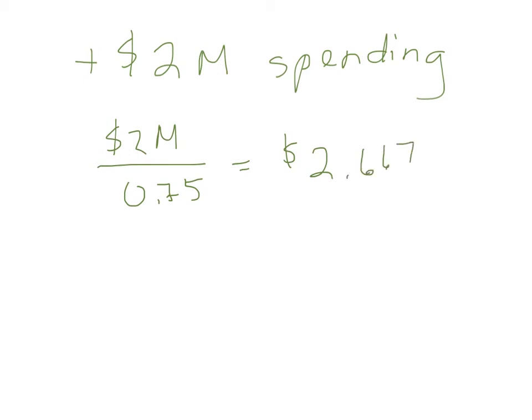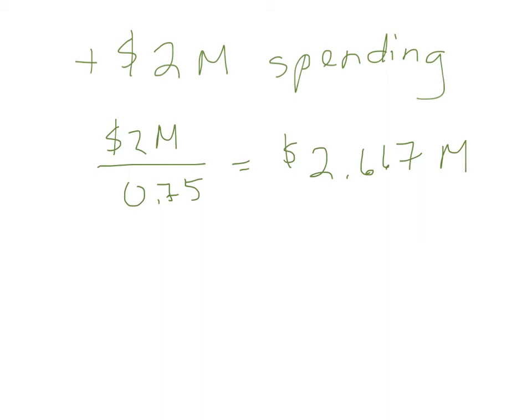A reduction in taxes is like an increase in income, and it will not all be spent. Therefore, we need to divide this $2 million target spending increase by the marginal propensity to expend, this 0.75. And when we do that, you should get, rounding to the nearest 100,000, 2.667, it's really 2.6666666, etc., right? So $2 2/3 million.